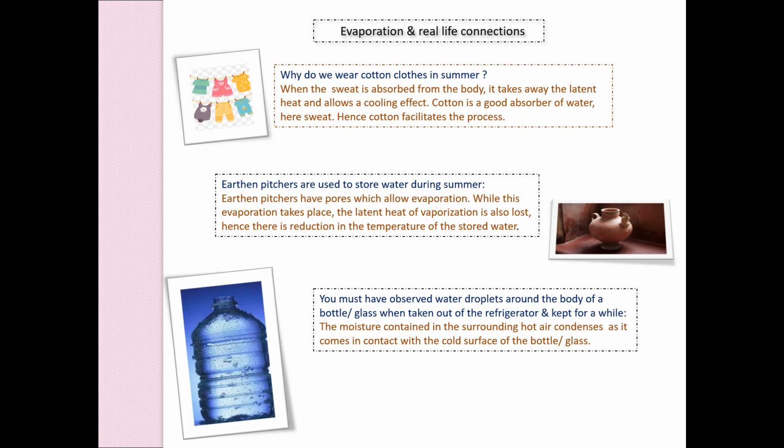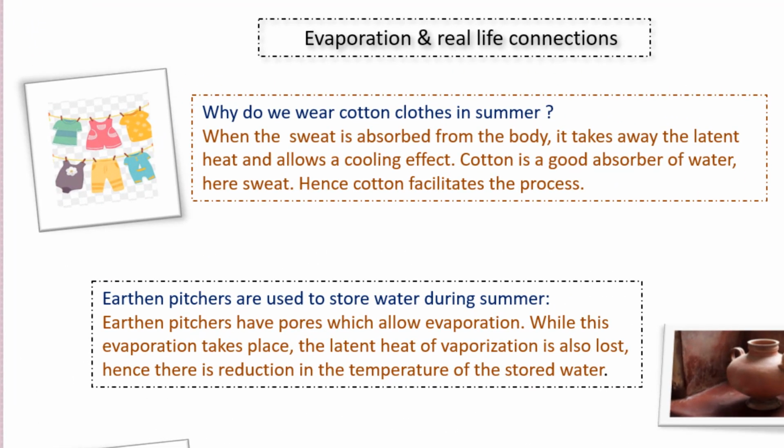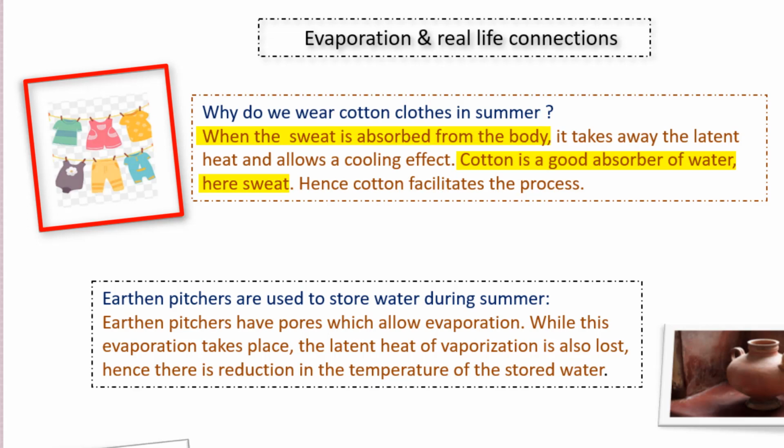We always prefer to wear cotton clothes, and especially light colored cotton clothes, in summer. That's because during summer, as a normal tendency, we have a lot of perspiration, that is, sweat coming out of our body. Cotton is a very good absorber of water and naturally it absorbs the sweat from our body.